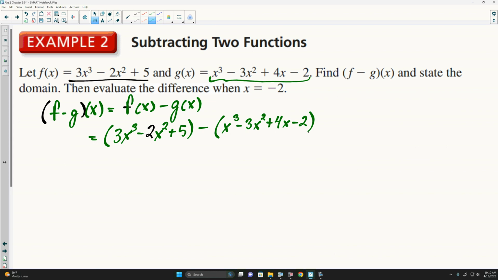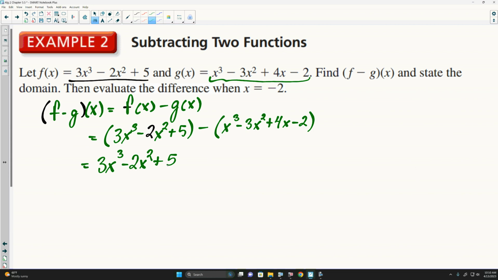Any questions on this so far? Up to this point, has this been any different than what we did on the first one? No, except it's subtraction instead of addition. That's the only difference. Then our next step, we can drop the parentheses and say 3x cubed minus 2x squared plus 5. But I can't just drop the parentheses of the other.